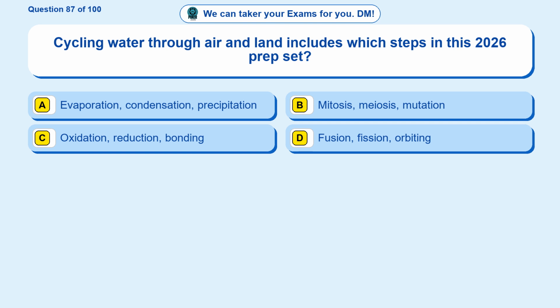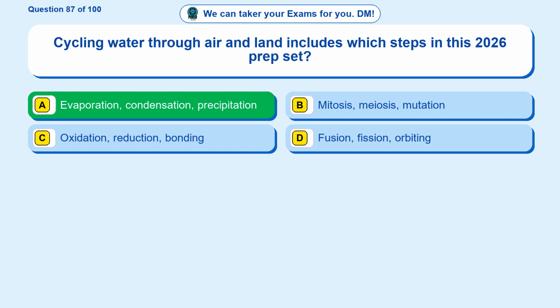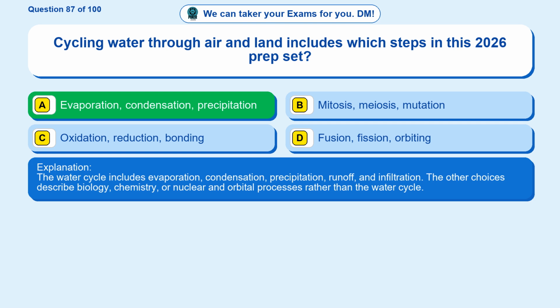Option D, fusion, fission, orbiting. The correct answer is option A, evaporation, condensation, precipitation. The water cycle includes evaporation, condensation, precipitation, runoff, and infiltration. The other choices describe biology, chemistry, or nuclear and orbital processes rather than the water cycle.